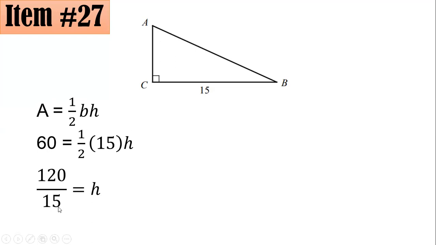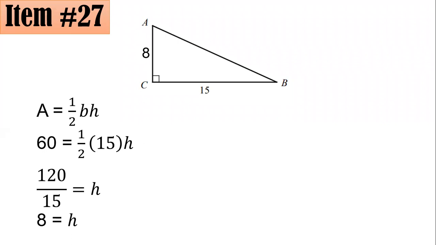Dividing both sides by 15, we get the value of the height, which is 8. I believe you would agree with me that the height there is indeed 8, because 8 times 15 divided by 2 gives 60. So your height here is 8.